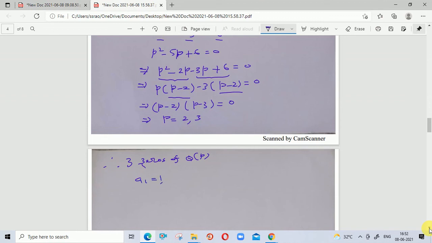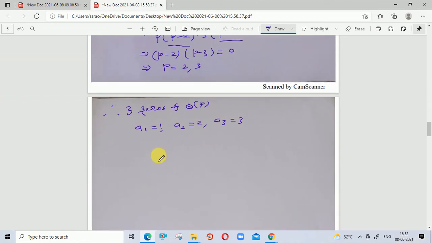Now, by Heaviside expansion formula we have L inverse of P of P divided by Q of P is equal to sigma from j is equal to 1 to 3 P of Aj divided by Q dash of Aj, e power Ajt.